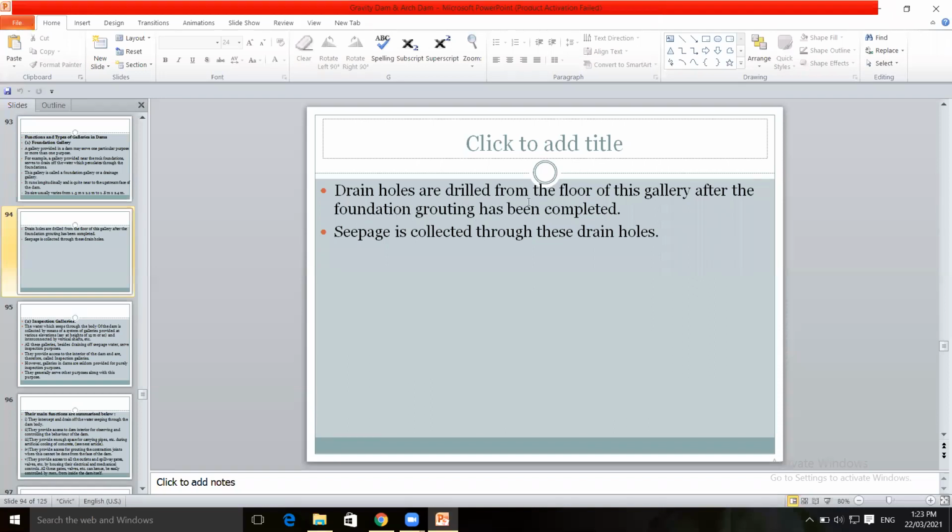So these drain holes are drilled from the floor of this gallery after completion of the foundation grouting. Seepage water is collected through these drain holes.